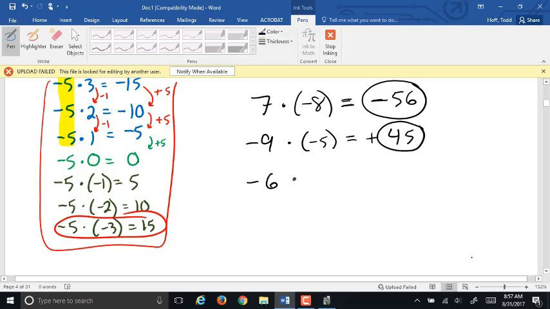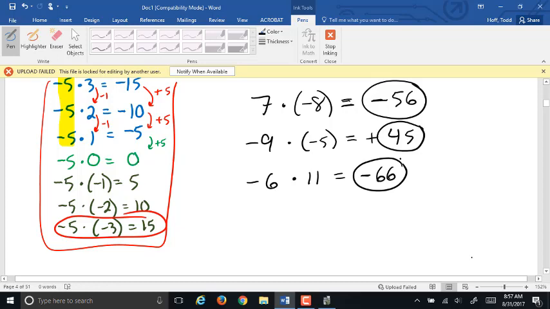A negative 6 times 11. First of all, is the result positive or negative? Negative. Again, we saw that anytime there's a negative times a positive, the result will be negative. 6 times 11? 66. A negative 66.